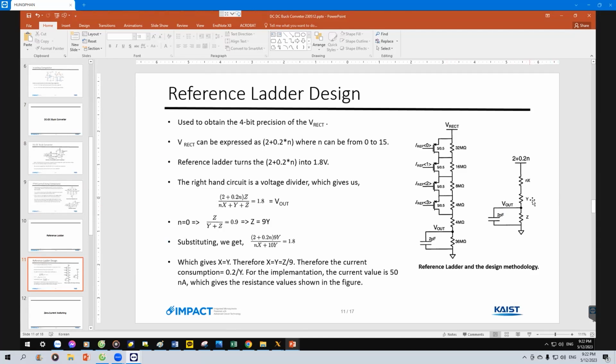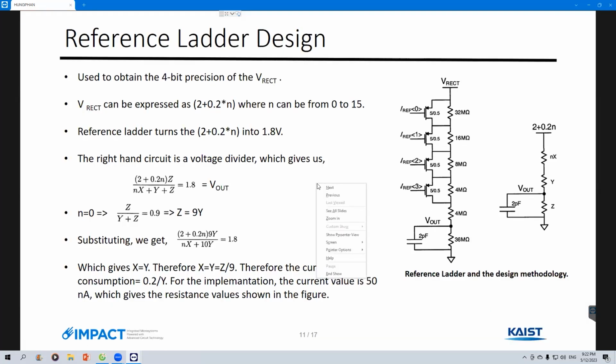In here, Y is 4 mega, isn't it? It's Y. X is from here. There is 9Y. So Y is 4 and Y is 4, right?